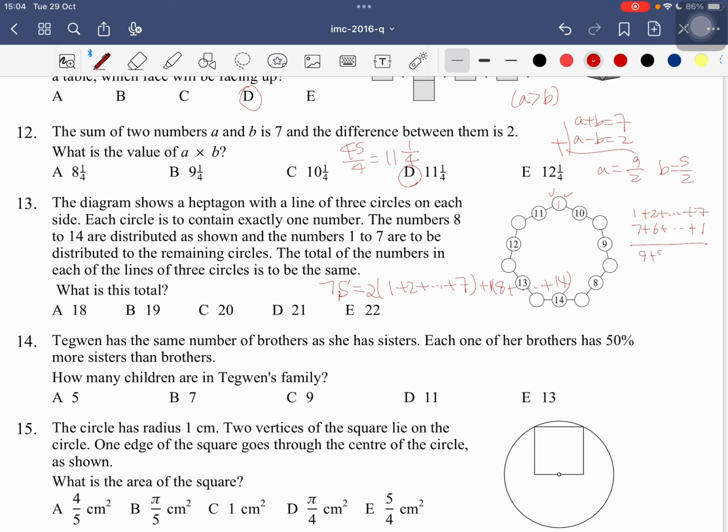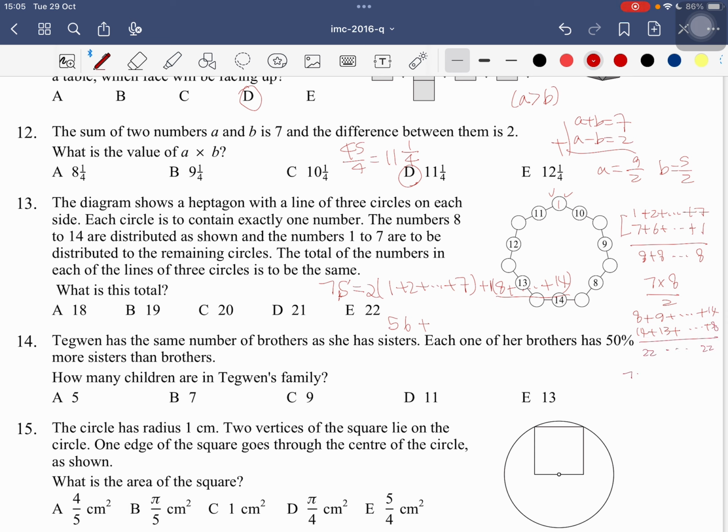we get 8. So we have 7 times 8, but I added them twice, so I need to divide by 2. So 28. So this is 56 plus, from 8 to 14 the same, 8, 9, up to 14, all of them 22.